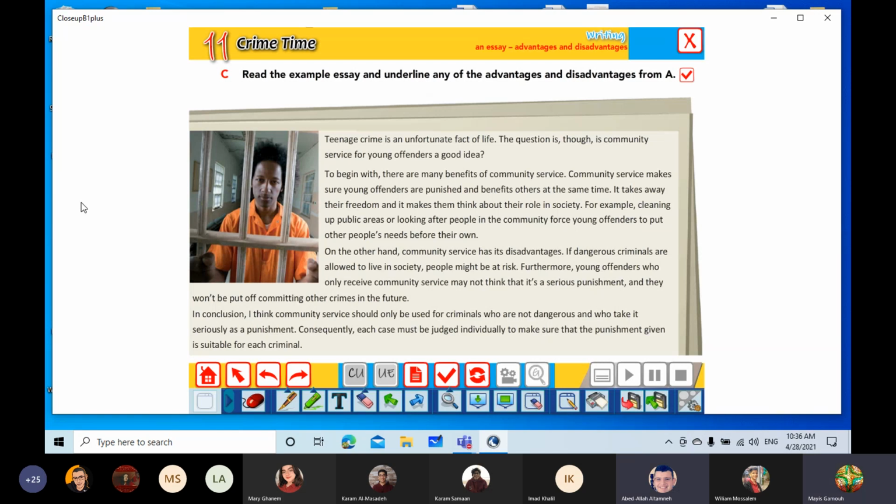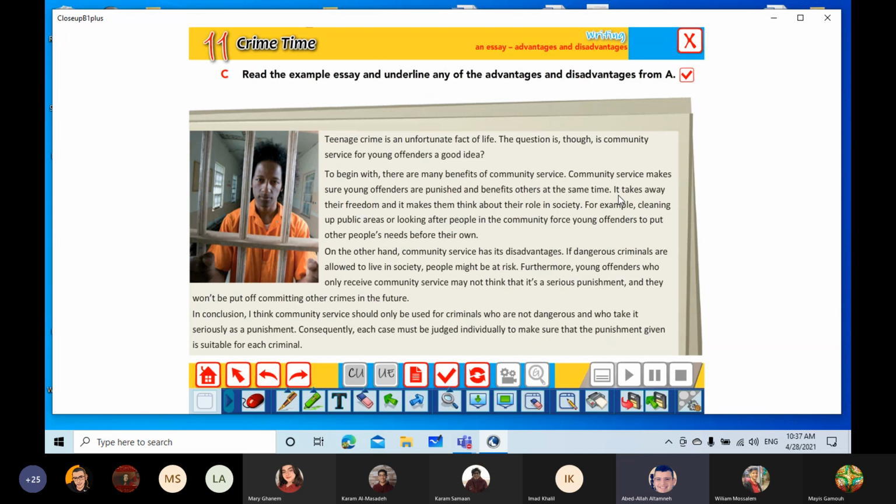Thank you, dear. Abdullah, what are the advantages in the second paragraph? Can you give me an advantage? Community service makes young offenders not do any more crimes, like put their career to an end.